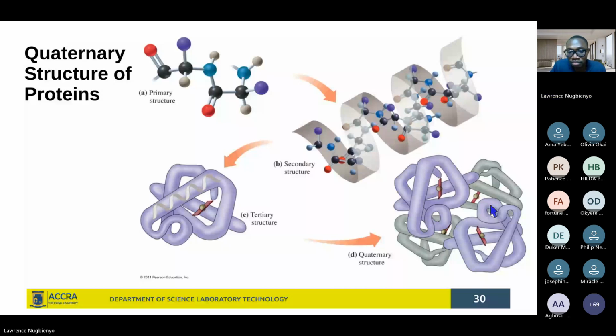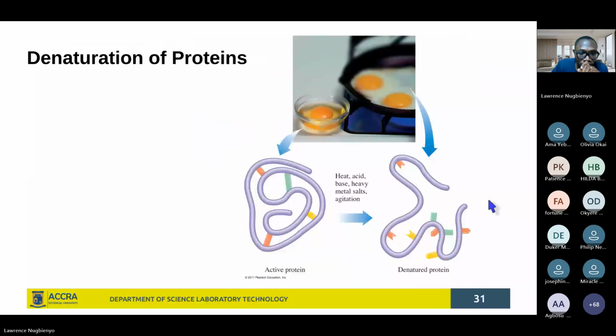Now, let's talk a bit about what we refer to as denaturing. A lot of times you may confuse denaturing to mean that there is a protein which is broken down into amino acids.